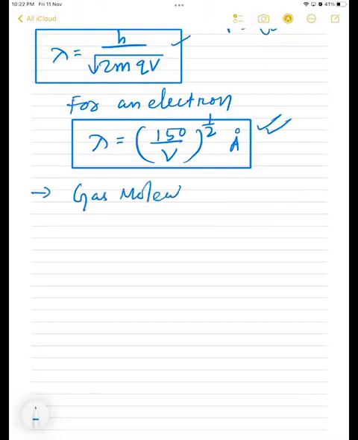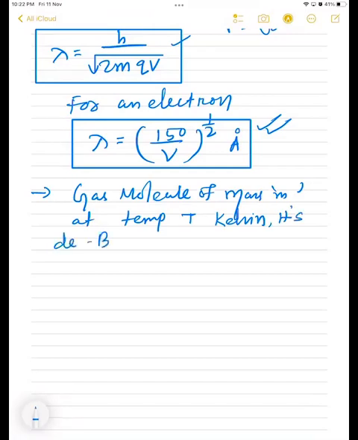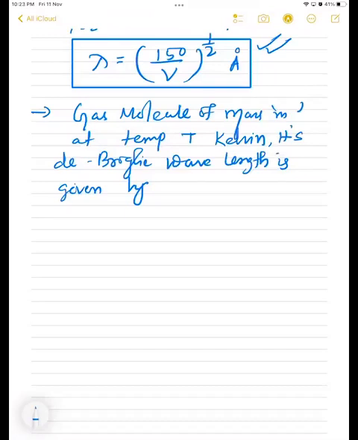There is a gas molecule of mass m at temperature T Kelvin, its de Broglie wavelength is given by lambda is equal to h by root 3mkT, correct?